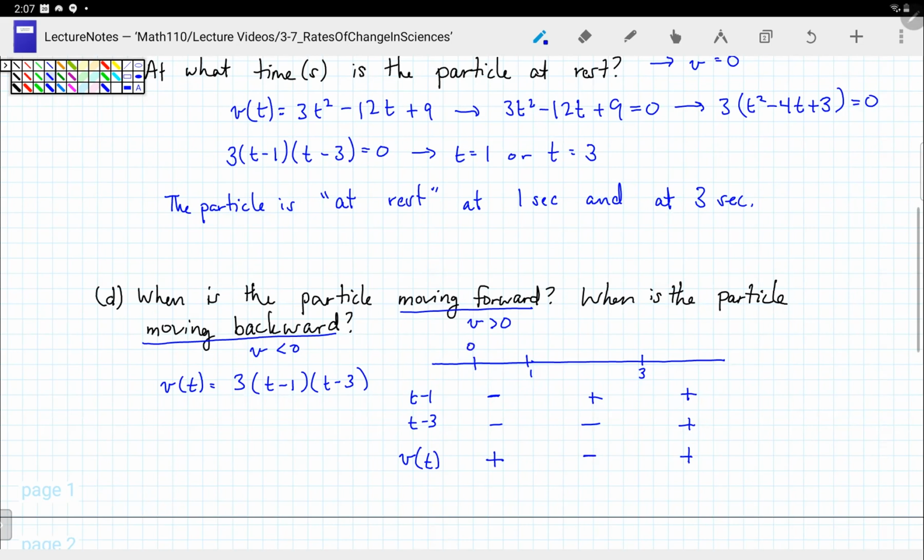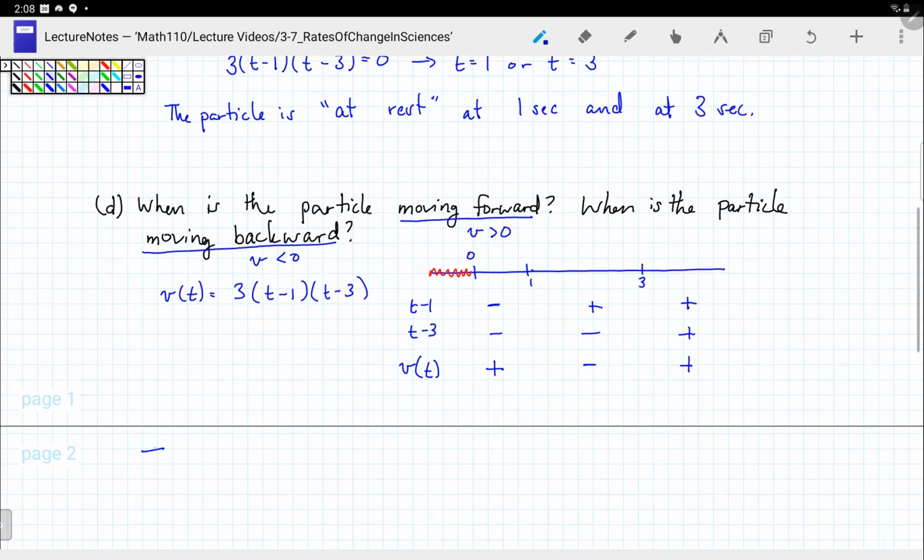In practicality, I don't really acknowledge what happens before time 0. So I'm going to say the particle is moving forward for the first 1 second, and then moving backwards from 1 second to 3 seconds, and then it's going to be moving forward after 3 seconds.